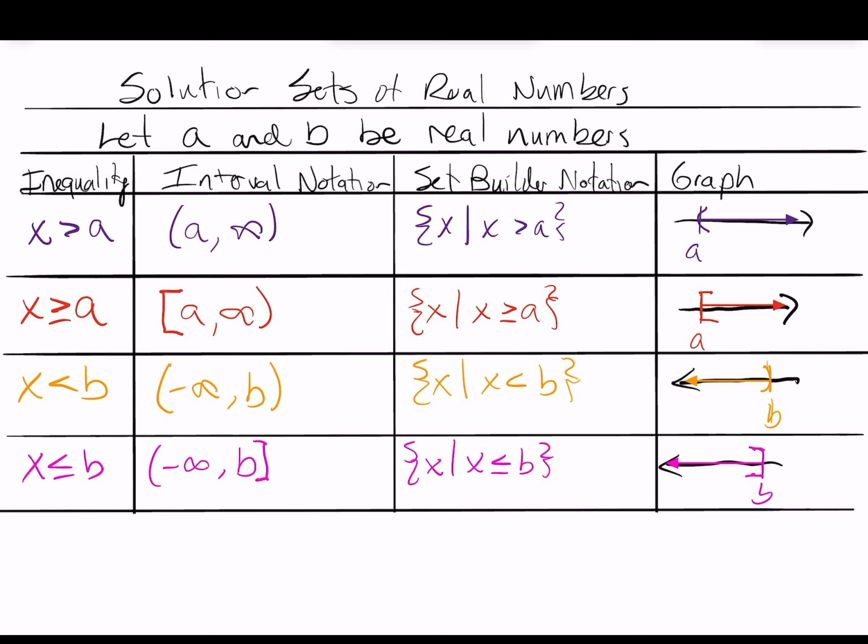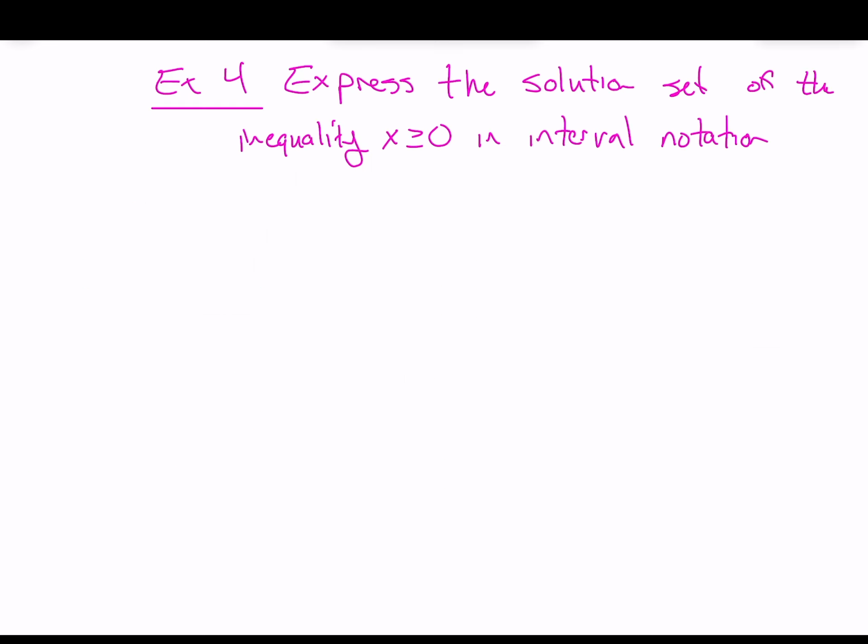Let's try another example. Example number 4. We want to express the solution set of the inequality x greater than or equal to 0 in interval notation. So the first thing we want to do is ask which case we're in. We're in a greater than or equal to case, which means that the point 0 is going to be our left-hand endpoint if we were to go back into the chart that we had on the last slide.